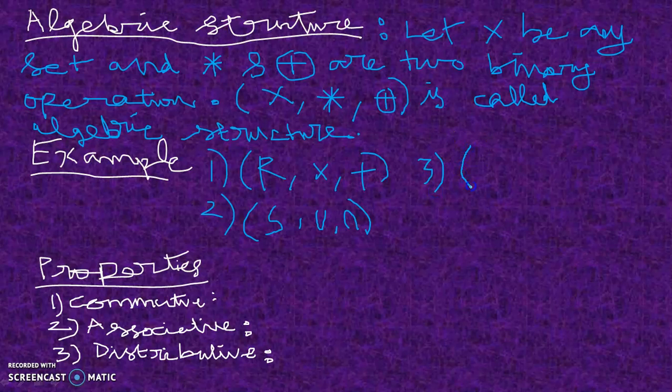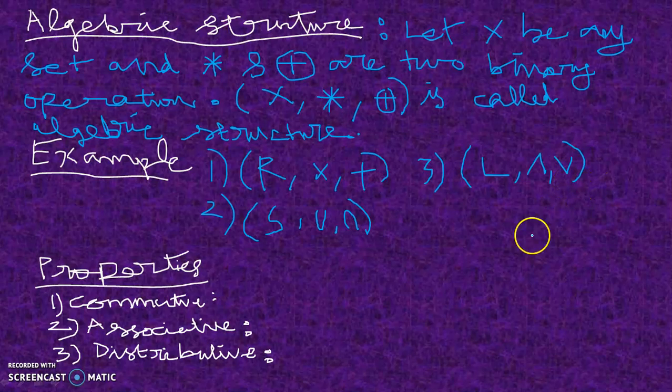Suppose L is a set of logical sentences, then AND and OR are good examples for algebraic structure, where L is a set of logical sentences, and this is the AND operation and this is the OR operation as we defined in discrete mathematics. So it's a good example for algebraic structure.